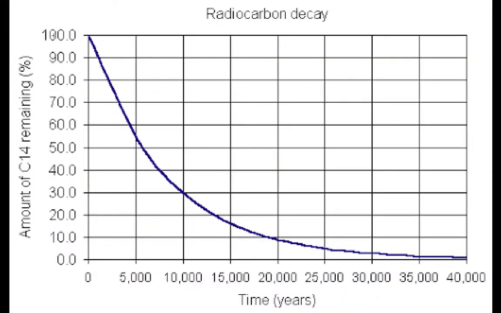So if you had 100% of carbon, half of 100 is 50. How much time did it take to get to 50? Well, it's right here, it's not on a line. You'd follow it down and you'd make an estimate in years, so 5,000 some years. And we actually know that number because it's been studied so much. It is 5,730 years for half of it to decay.